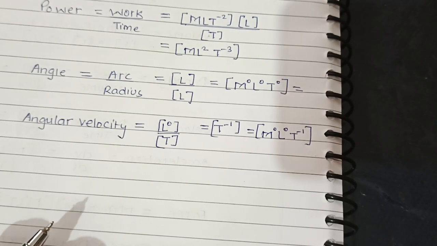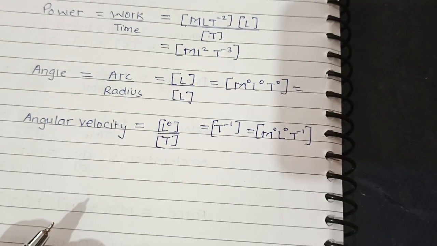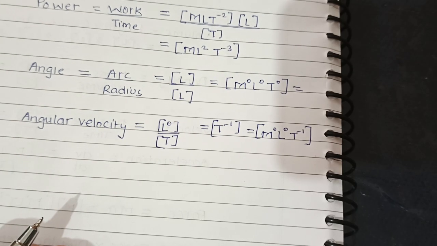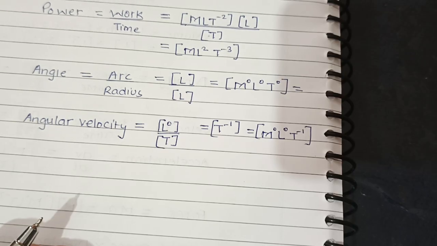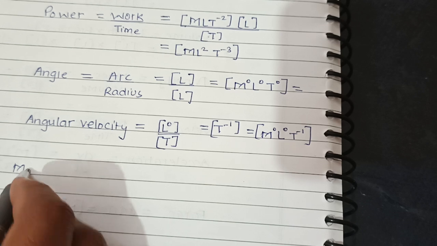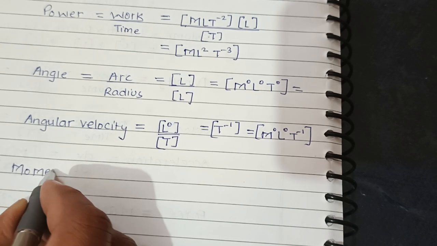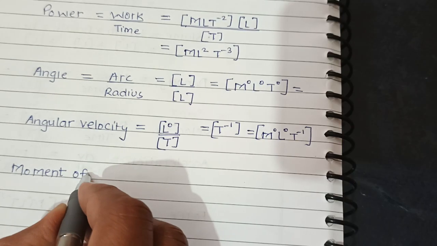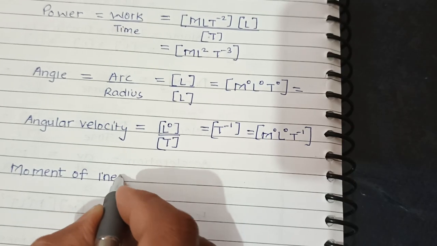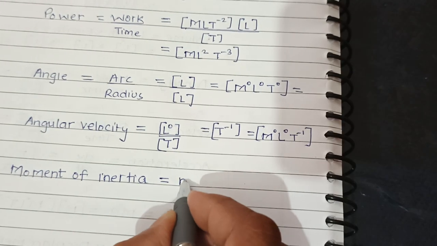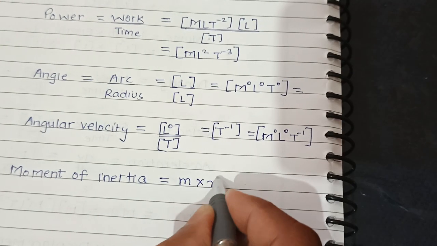Now next, moment of inertia. Moment of inertia is M into r square.